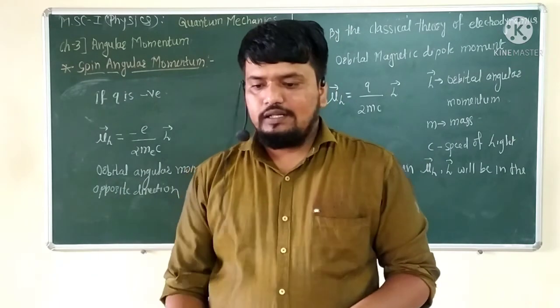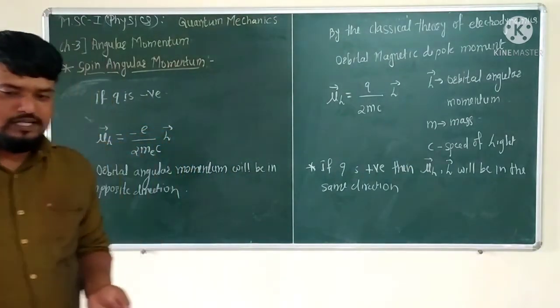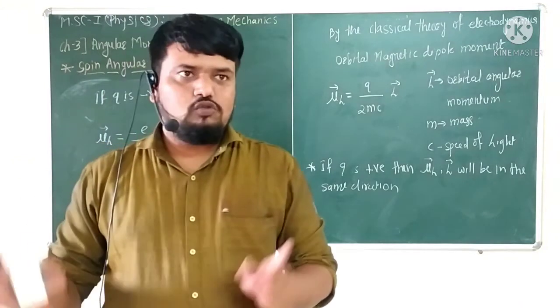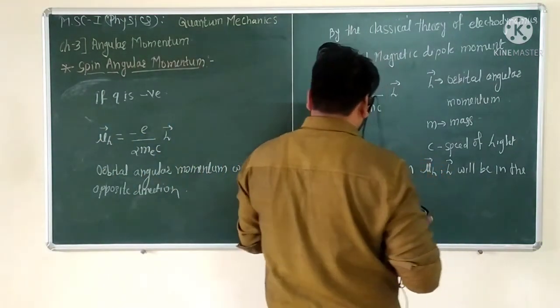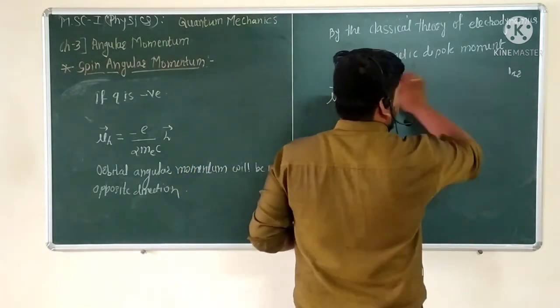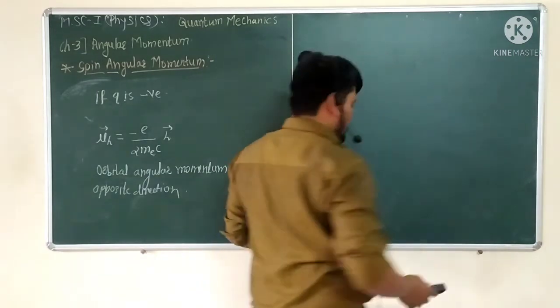If we see the figure of the orbital magnetic dipole moment, and what happens when an external magnetic field is applied, that is the condition: if q is positive, then mu l and l will be in the same direction.